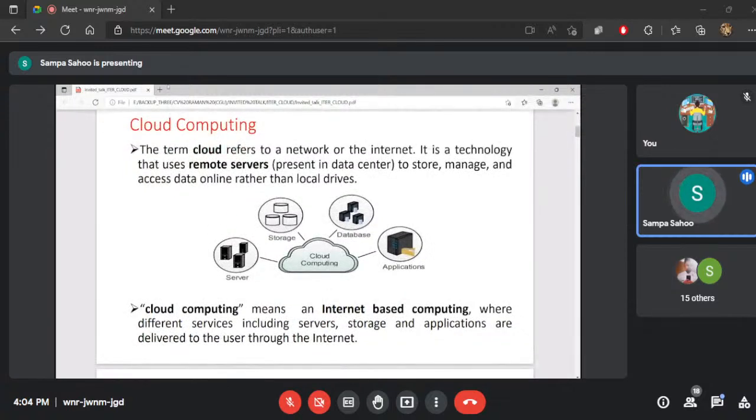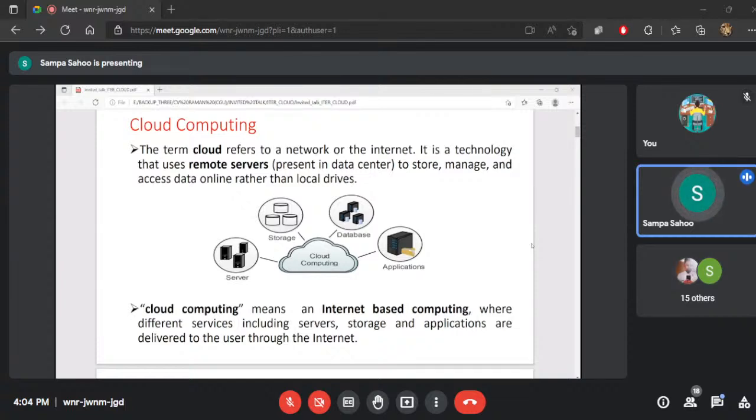So actually, cloud in cloud computing refers to the network or the internet. So here it is an internet-based computing where different services, including the server, storage, network, database, all the things will be delivered to the user through the internet.